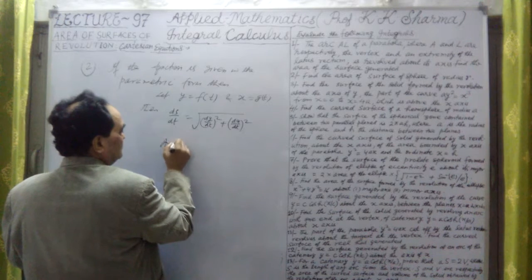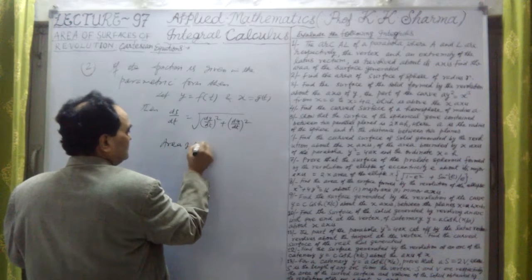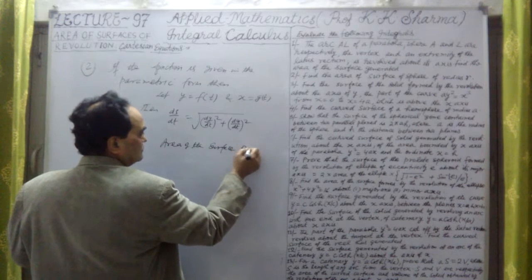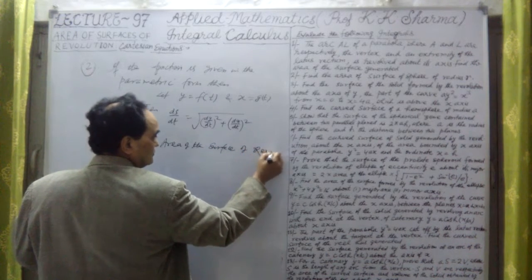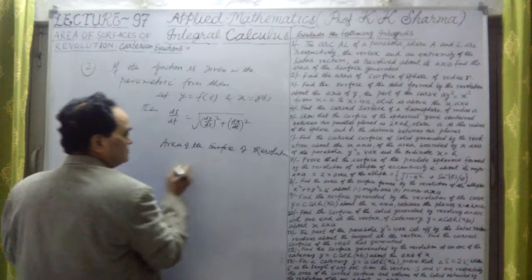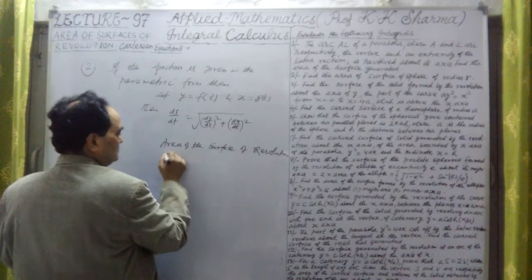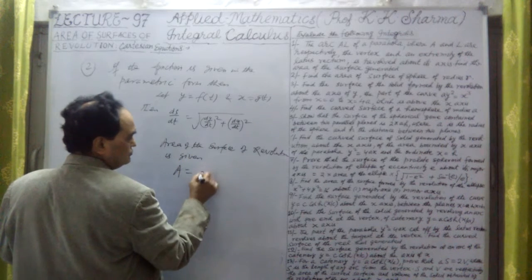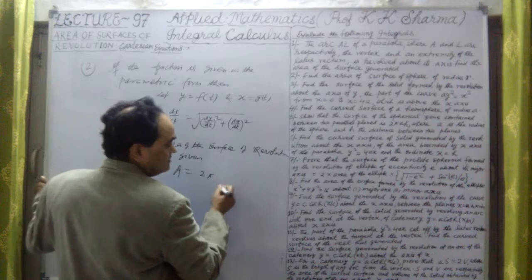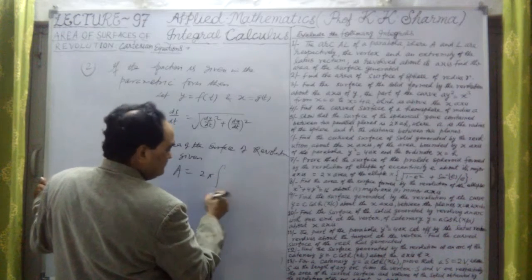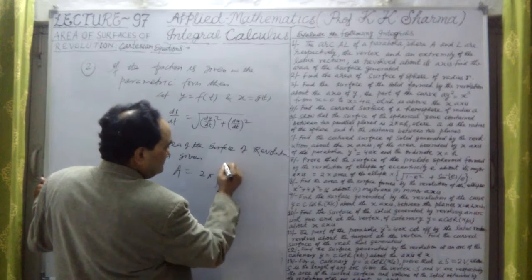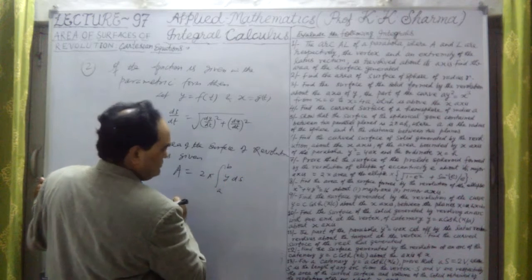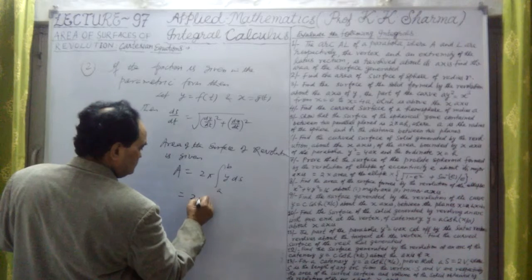So the area of the surface of revolution in this case will be given by A equal to 2 pi. In case of y here, let me write the Cartesian form first. This is a to b, we were taking the limits here, and it was pi into ds.